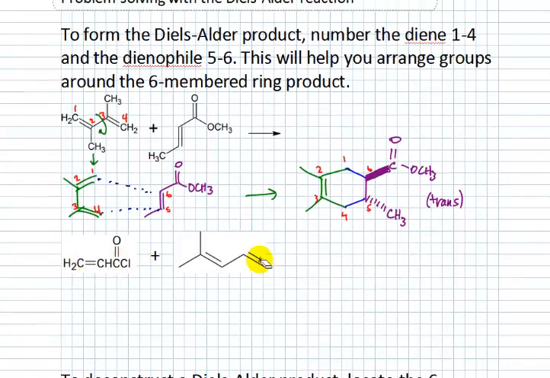Let's look at this one. I have a C double bond C, then C double bond OCl, so that looks like a dienophile, right? Over here is a diene, so 1, 2, 3, 4. Let's redraw that diene as S-cis.